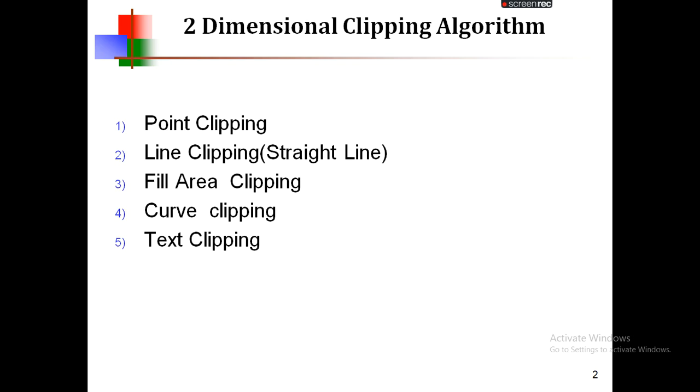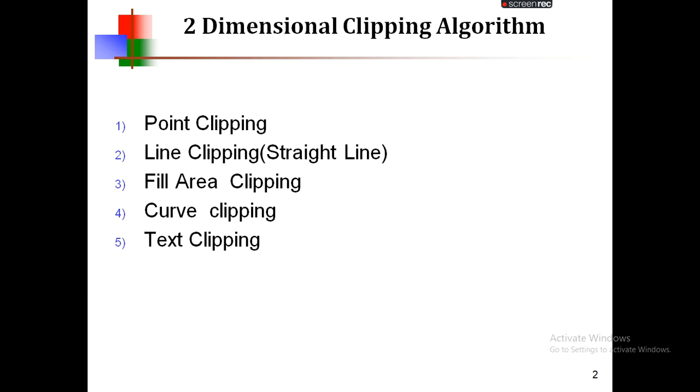Whichever part of the object lies outside the clipping window, we need to clip that part, and whichever part lies inside the clipping window, we need to display on the screen of the monitor. So this is the objective of clipping algorithms.